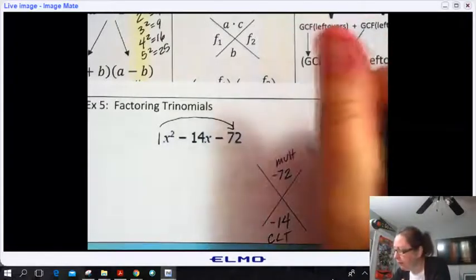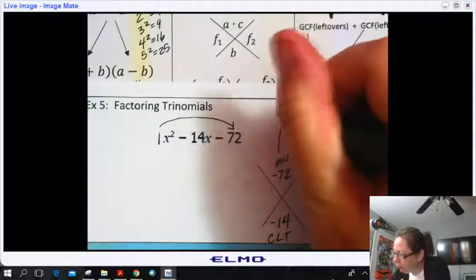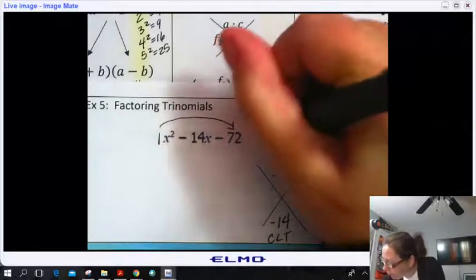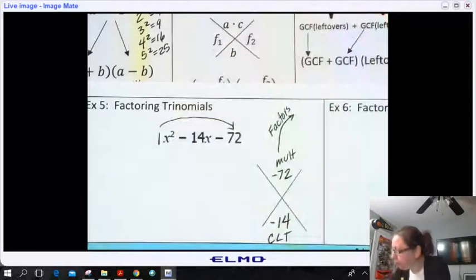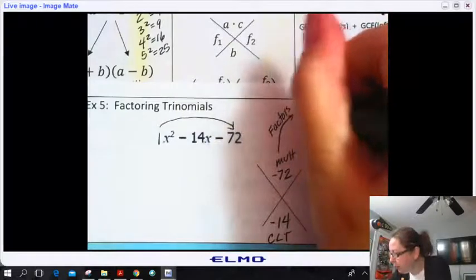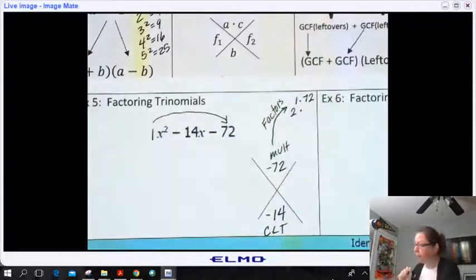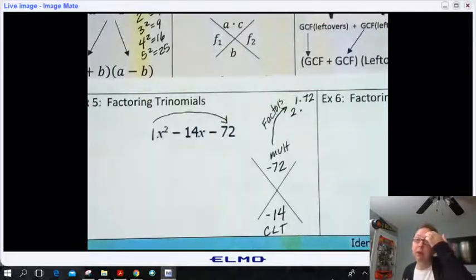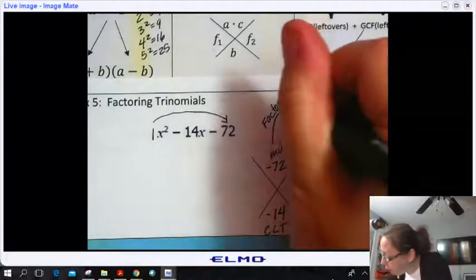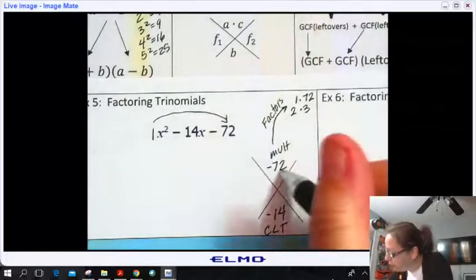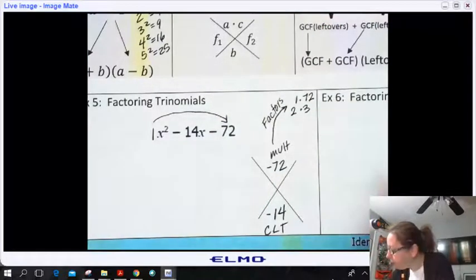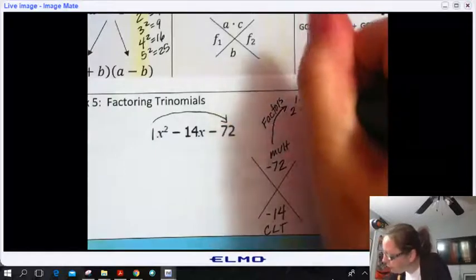This is the easiest way to do it. So I'm going to list the factors. So obviously 1 times 72, 2 times, let's see, 2 goes into 7 3 times with 1 left over. It goes into 12 4 times.